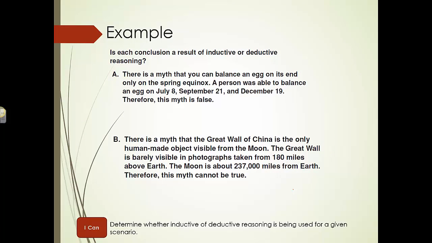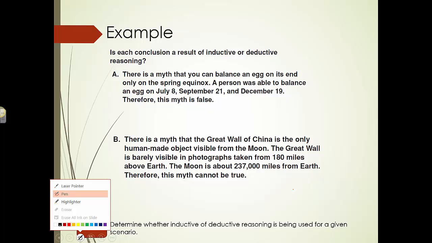In this example, we're going to determine whether we were using inductive reasoning or deductive reasoning to draw a conclusion. There's a myth that you can balance an egg on its end only on the spring equinox. A person was able to balance an egg on July 8th, September 21st, and December 19th. Therefore, the myth is false.